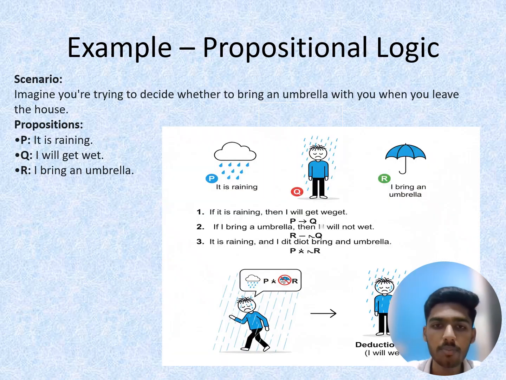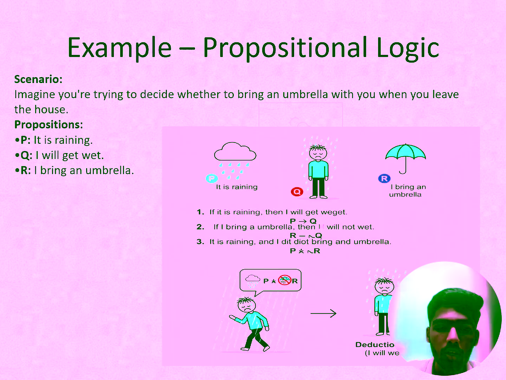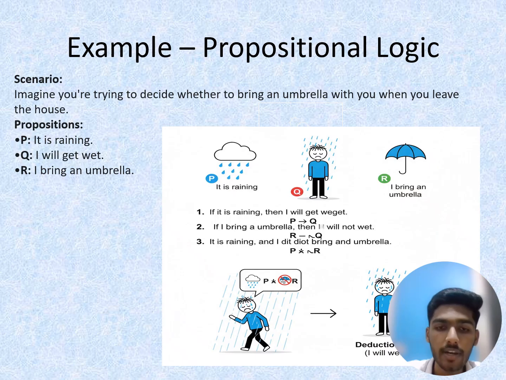Let's see one example of propositional logic. Let's see this real world example. Imagine you are building a simple AI. We first define our propositions. P, it is raining. Q, I will get wet, and R, I will bring an umbrella. Then we give the AI a knowledge base with two rules.